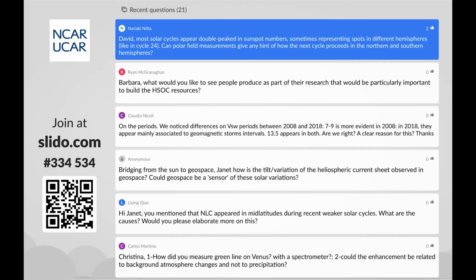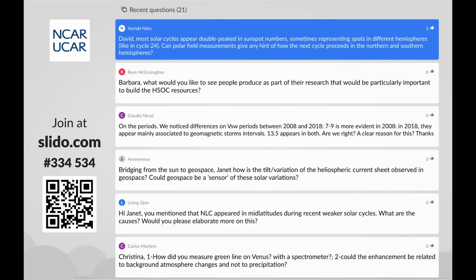I can answer it that we've looked at the hemispheric polar fields individually relative to the hemispheric sunspot area individually to see how well they were correlated, and they were properly correlated in cycles 22 and 24. As far as the one with the smaller polar fields had smaller sunspot area, but cycle 23 didn't pan out.